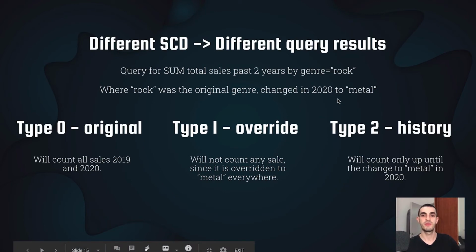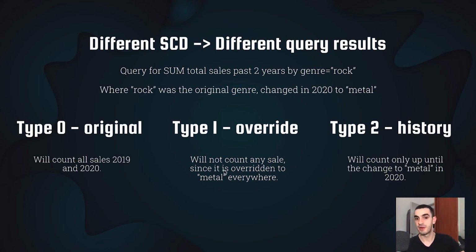So what will be the differences in what we already saw? In type 0, we just keep the original regardless. So what will happen is that we will count all the sales from 2019 and 2020 because we didn't change anything. In type 1, we override, so we remove the past. We remove the rock.